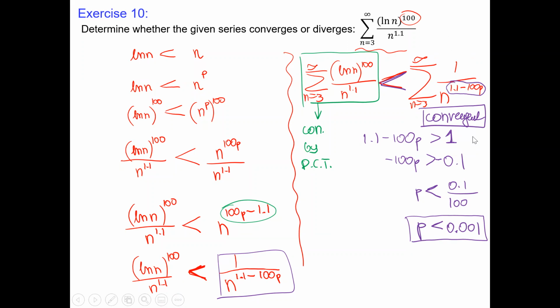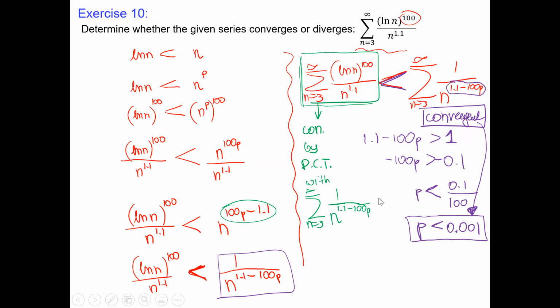If it is convergent, then our series is convergent. Our series is less than a finite number, so it's definitely convergent by the direct comparison test, comparing with 1 over n to the power of 1.1 minus 100p.